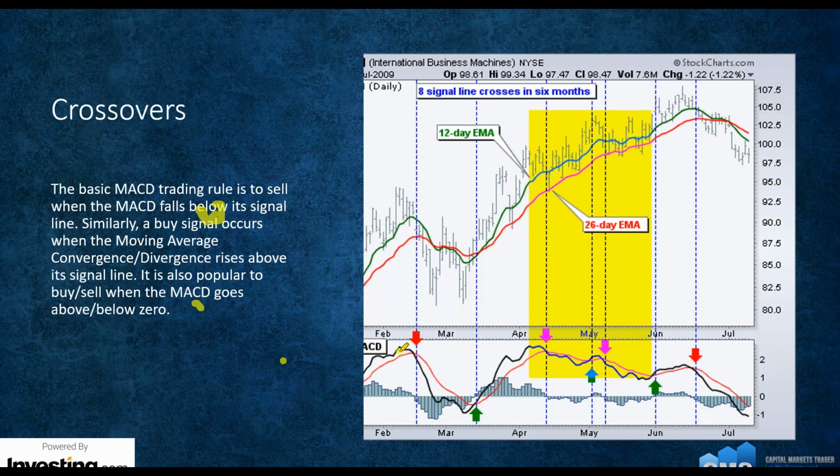See how the MACD line, the black one in this case, crosses its signal line and falls below. That's a sell signal. Here, the MACD line crosses up and over the signal line, and that's a buy. Here, it crosses below, and it gives us a sell. Here, it crosses above, it gives us a buy.